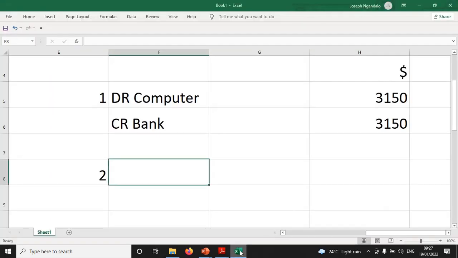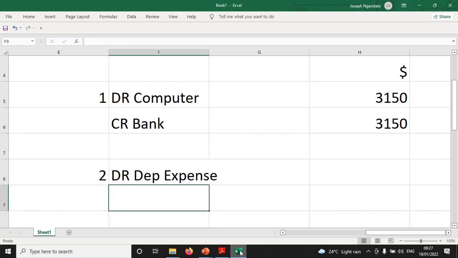Thank you. So what you do, you identify the journal. So debit, this one, don't blame yourself if you can't get it at one side, because we haven't done depreciation. So debit depreciation expense, and credit what?